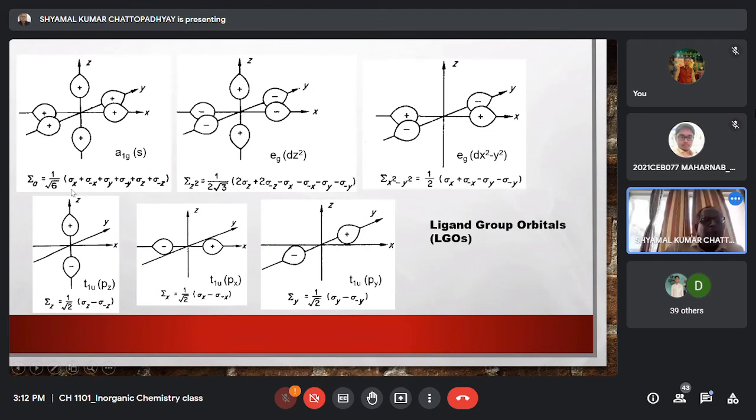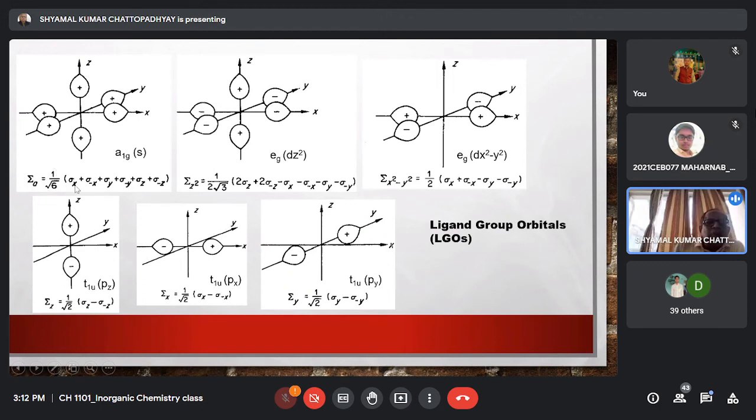So we have equal proportion of the 6 ligand orbitals in 1:1:1:1:1:1 proportion, with contribution from all 6 ligands, right? And 1/√6 is what is called the normalization constant, because wave functions must be normalized, so you can forget about that.